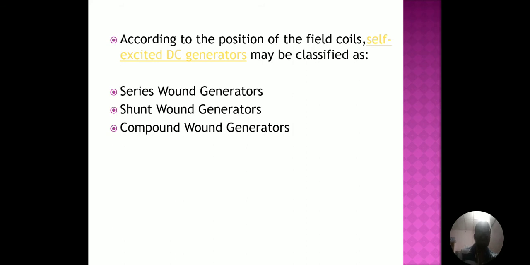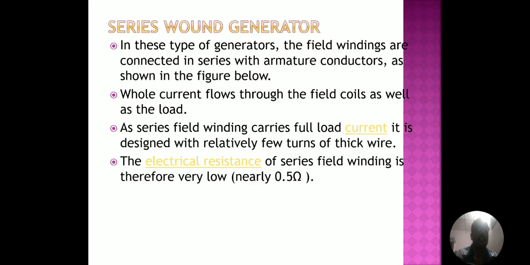According to the position of the field coil, self-excited DC generators may be classified into three types: series, shunt, and compound generators.